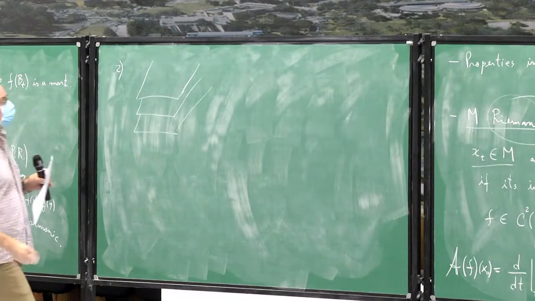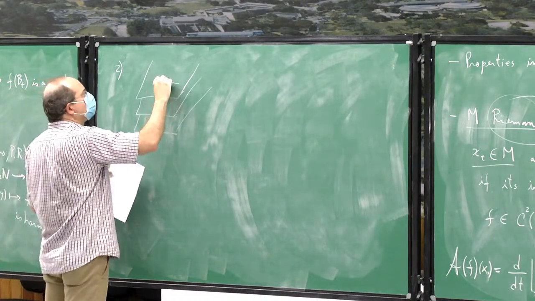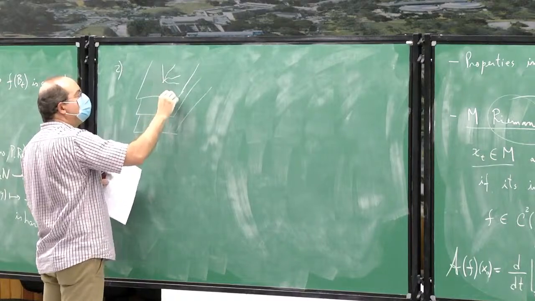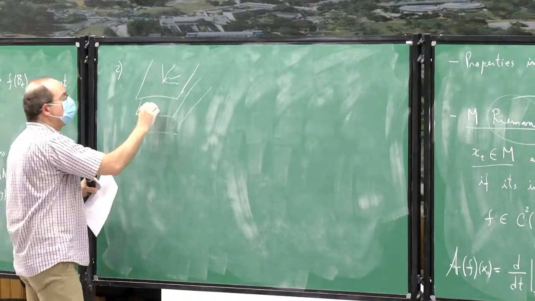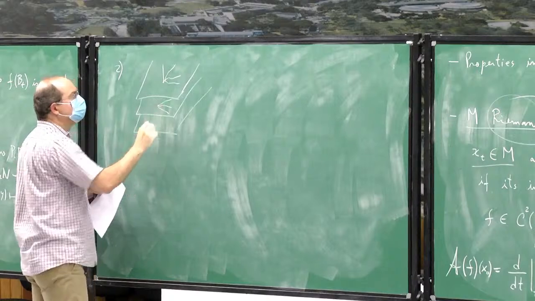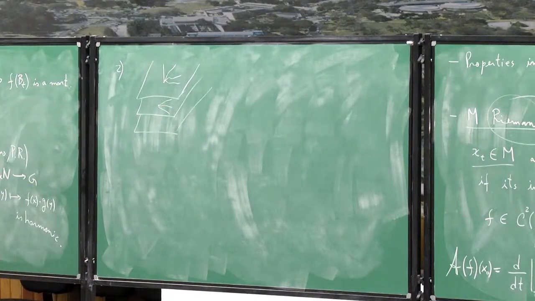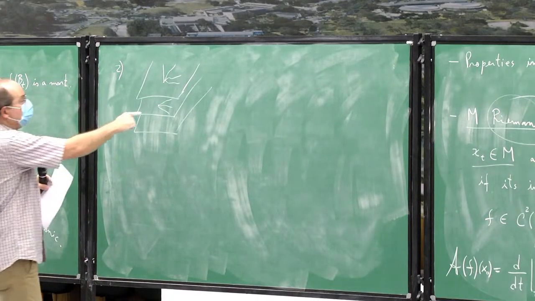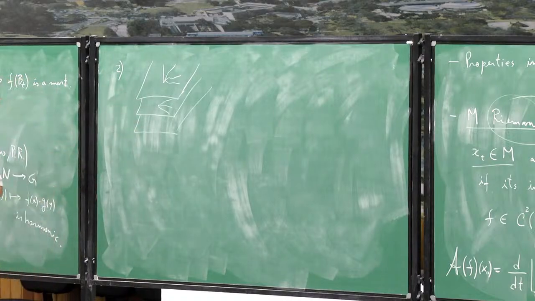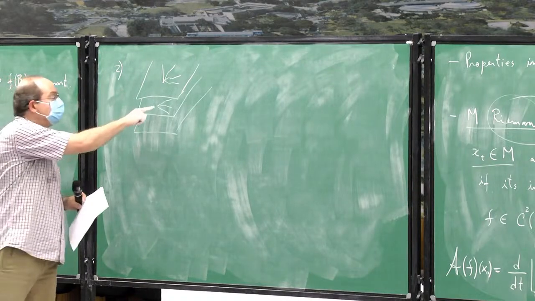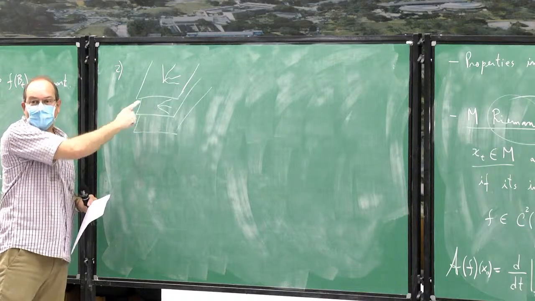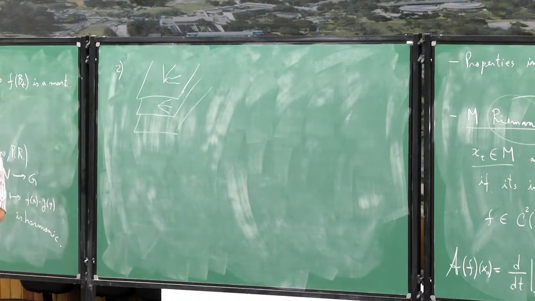And a foliated process is a process such that the trajectory lives in one leaf. So if we start at a certain level, it doesn't go out of this level. It means that in the stochastic differential equation which describes the system, all the vector fields are tangent to the leaves, and the Lie brackets of these vector fields are also tangent to the leaves.